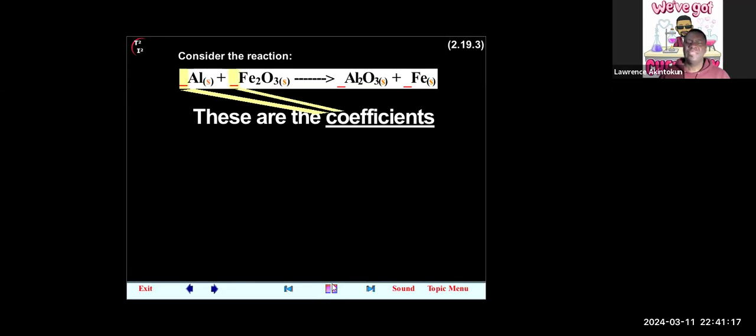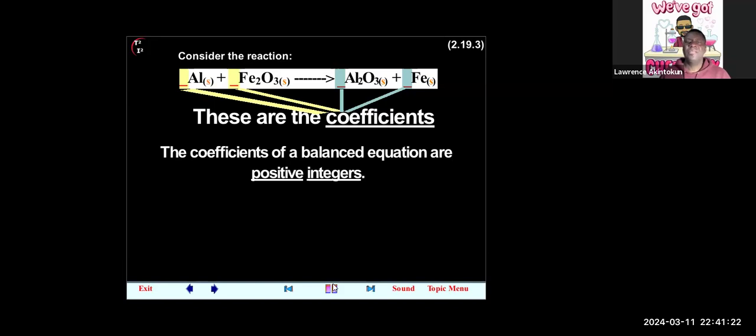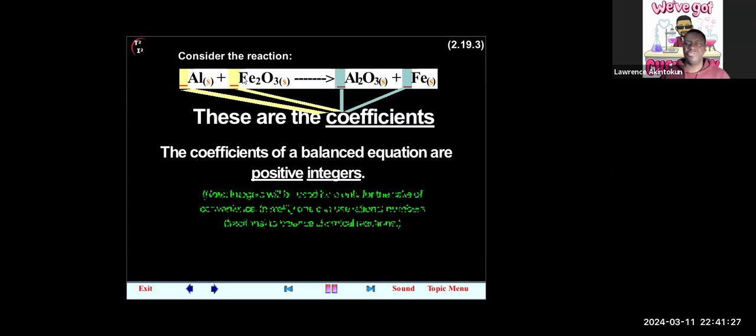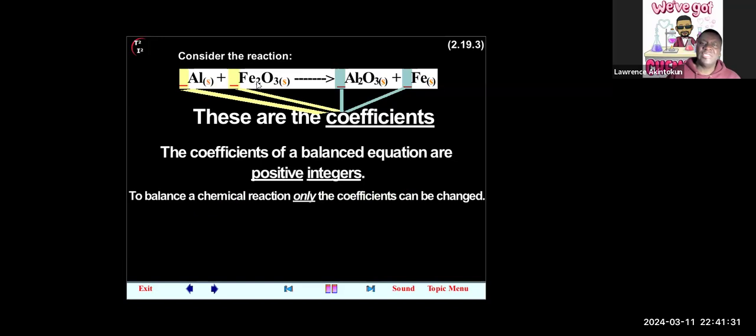Let's look at another vocabulary word, the coefficient. The coefficients are the numbers in front of the formulas. Remember, when you have Fe2O3, those small numbers are called subscripts, but the coefficients are the numbers in front, which signify the number of moles of that substance or element.